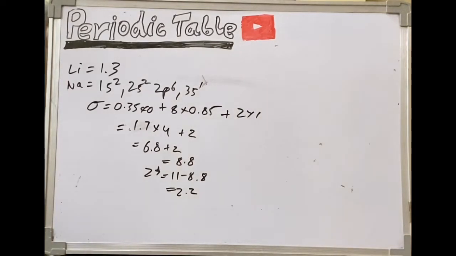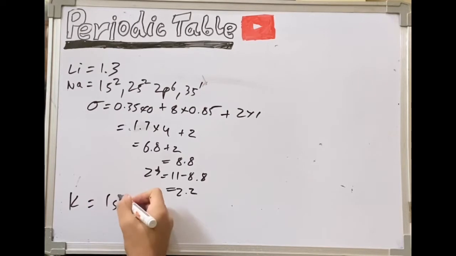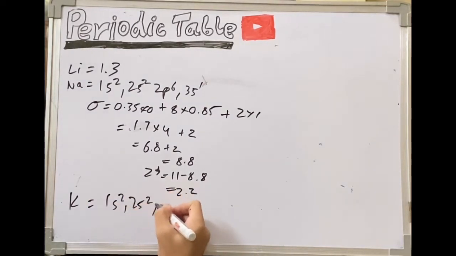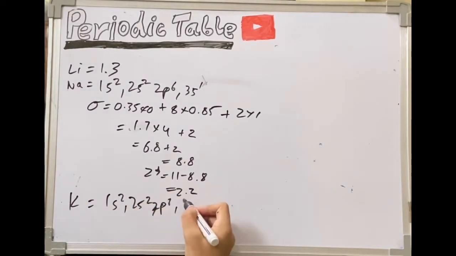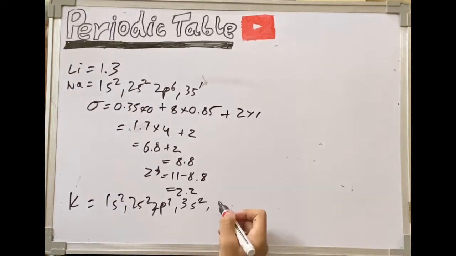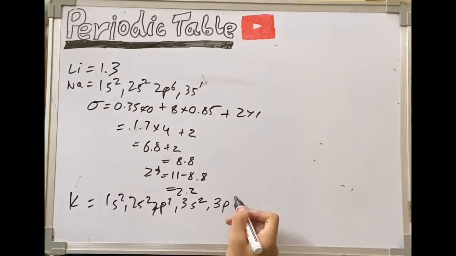Okay, now we'll have a look at K. 1s2, 2s2, 2p6, 3s2, 3p6, 4s1.